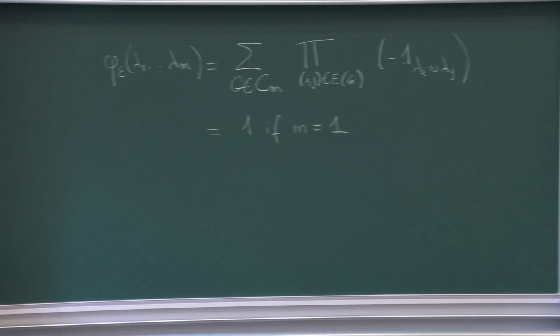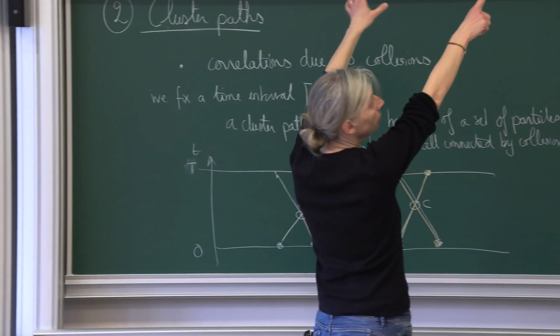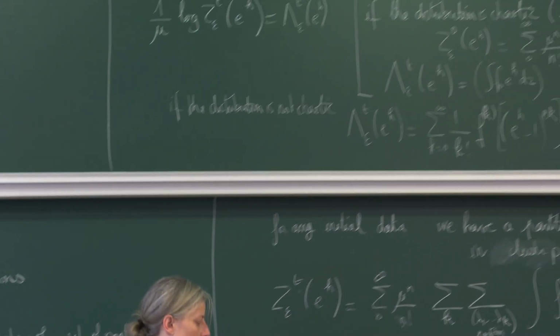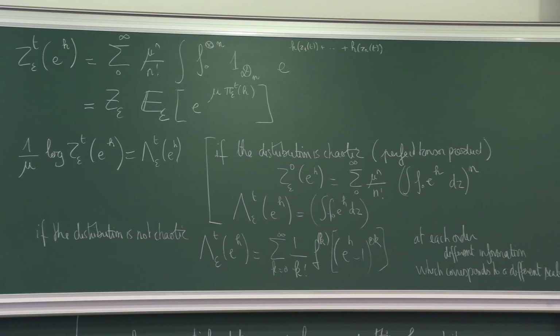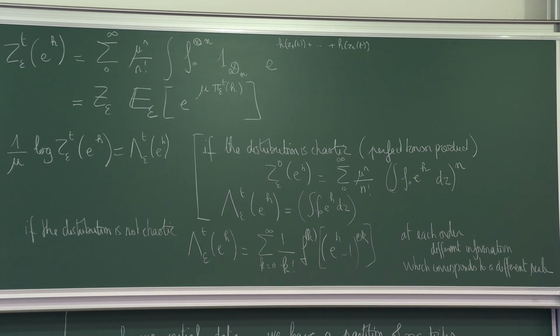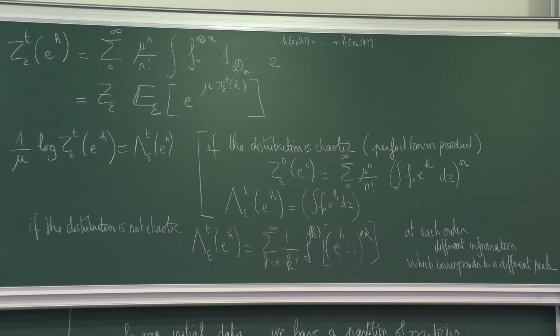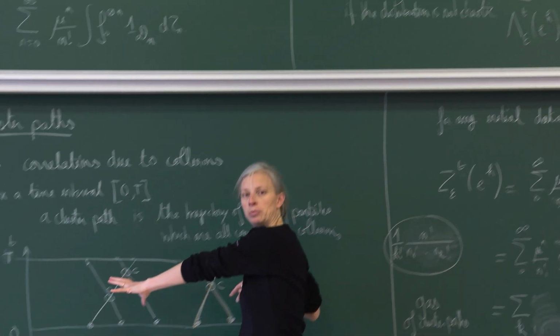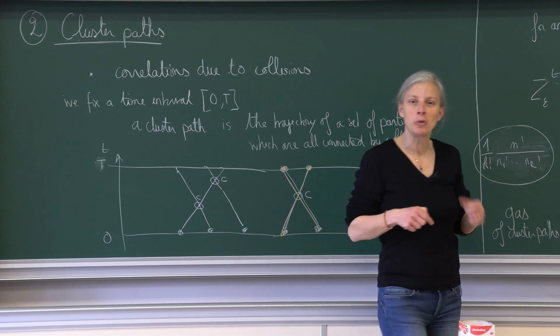So I just repeat. I start from the definition of this modified partition function. Then I have a first partition in this cluster path. So this is the point where I really use the dynamics to say, okay, some particles have collisions, and then I split in connected components.